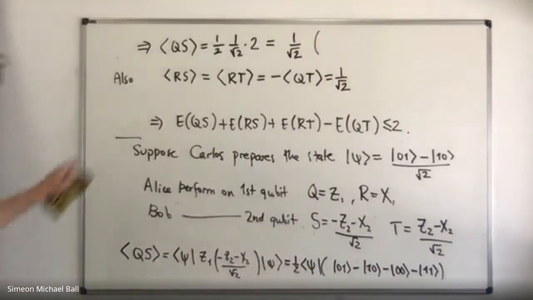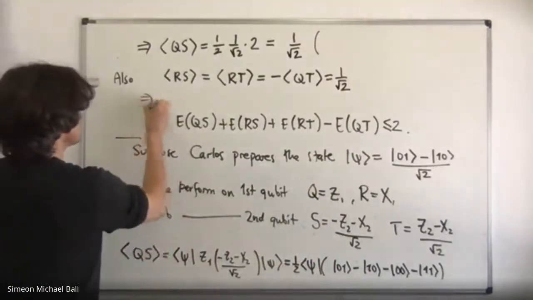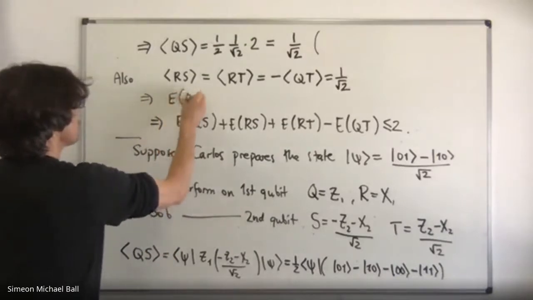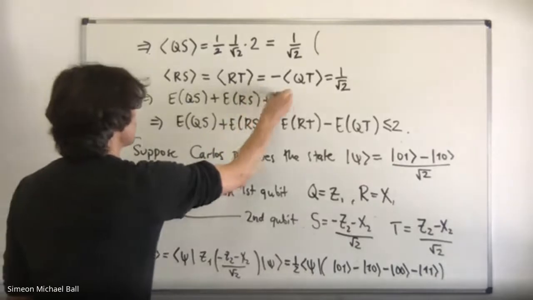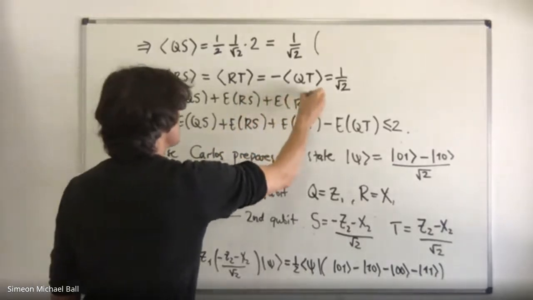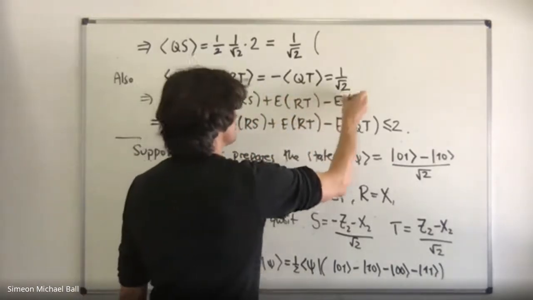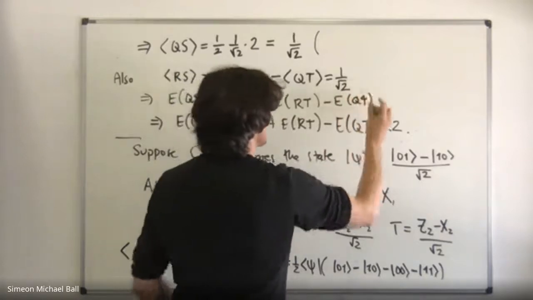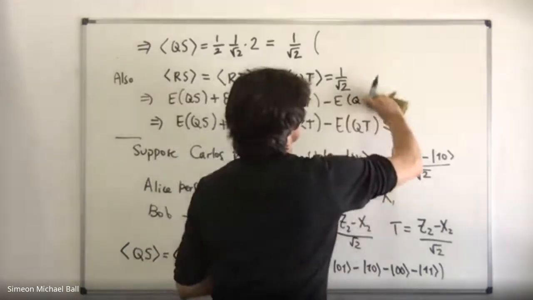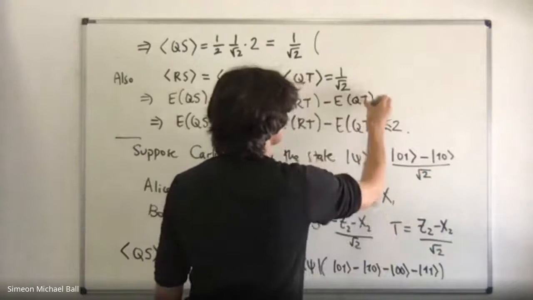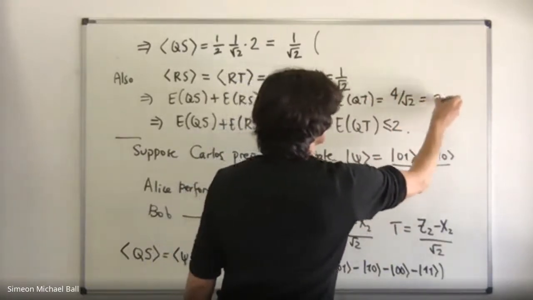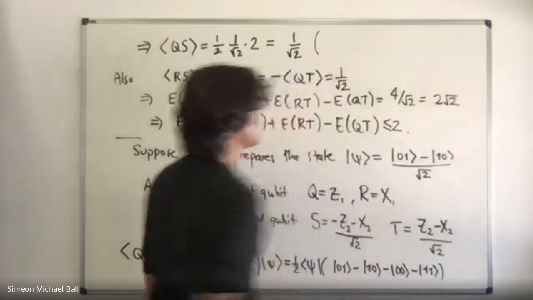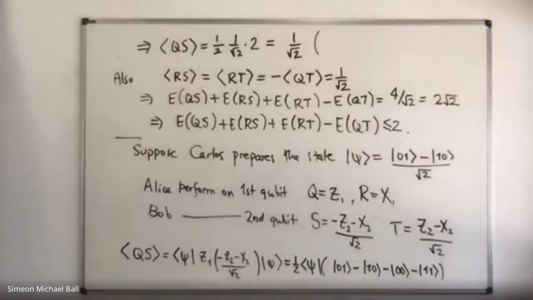So this expectation here is 2 times the square root of 2.